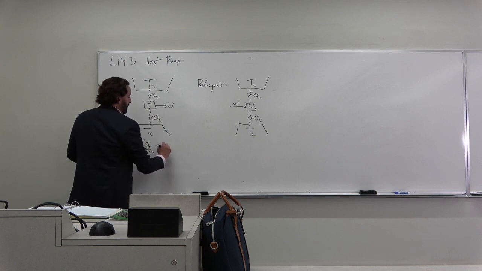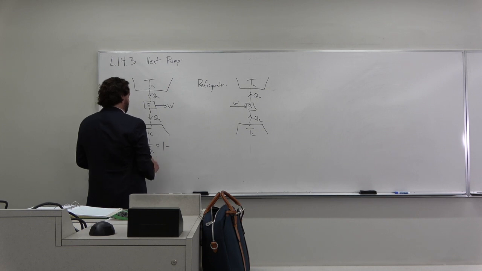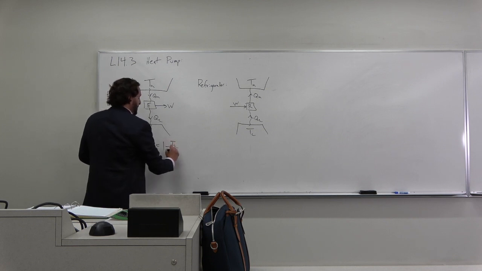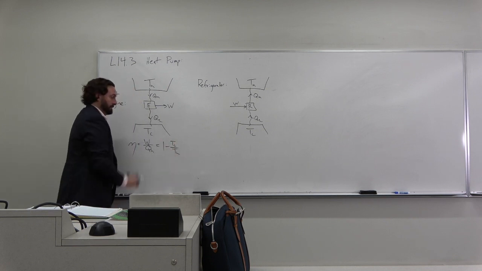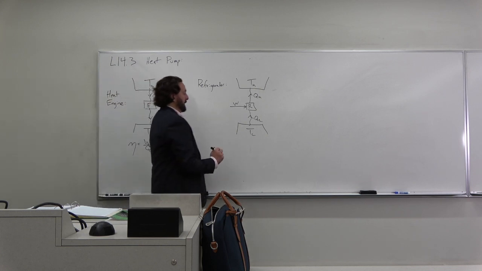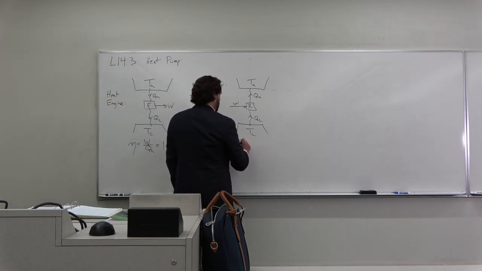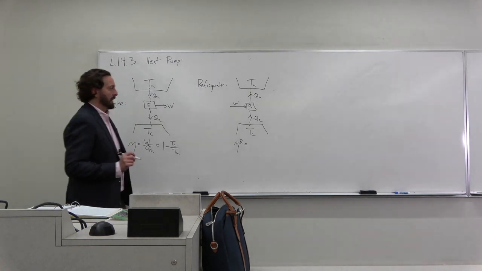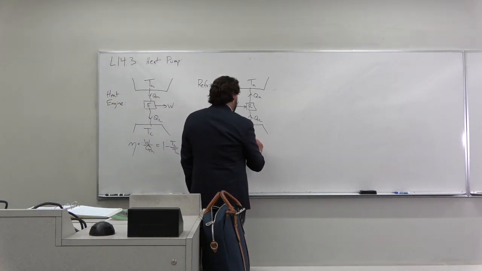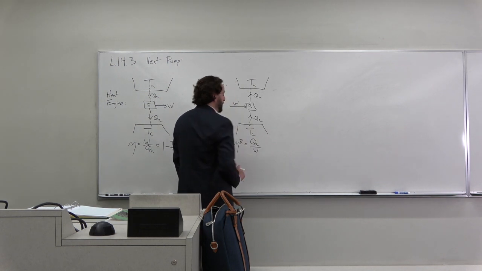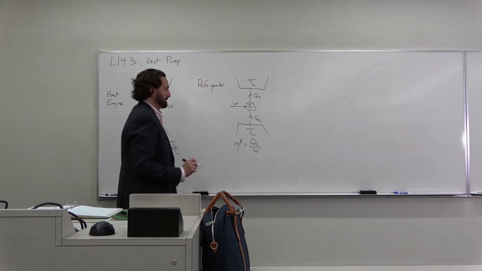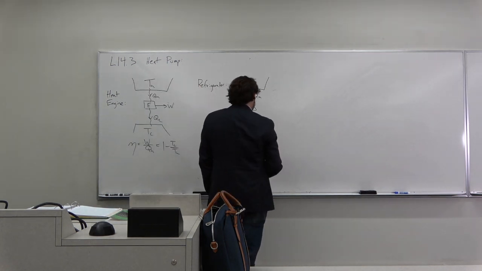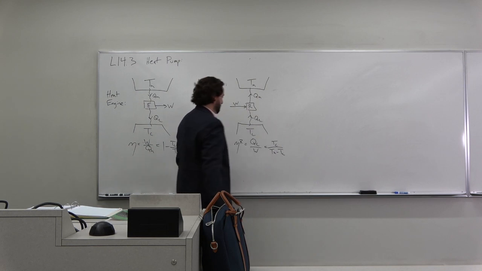And this ended up being 1 minus TC over TH. Here in the refrigerator, we didn't call it an efficiency, we called it the coefficient of performance, because what we wanted to do was extract the heat, but what we put in was the work. And this ended up being TC over TH minus TC.